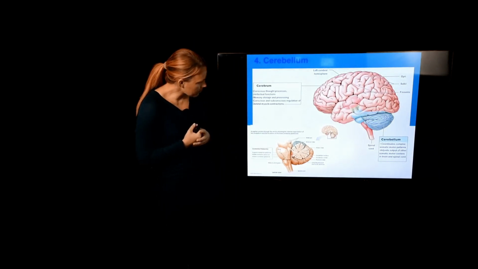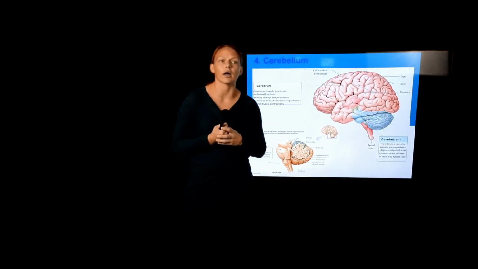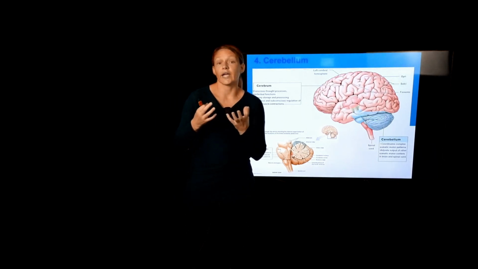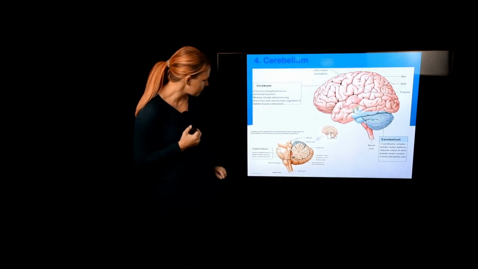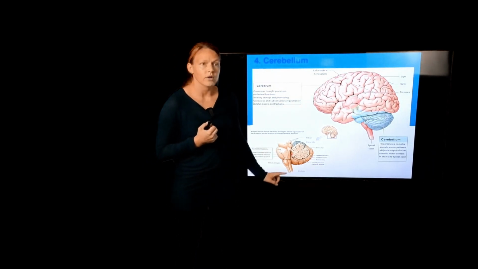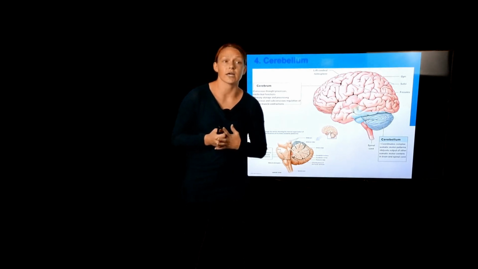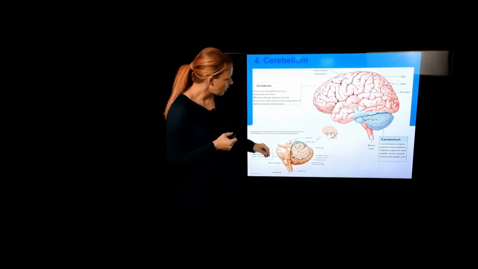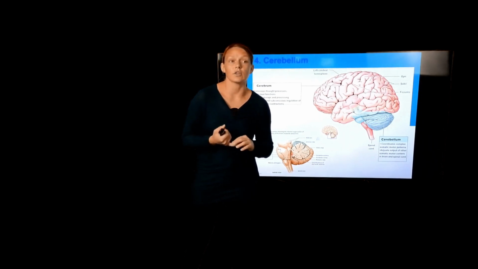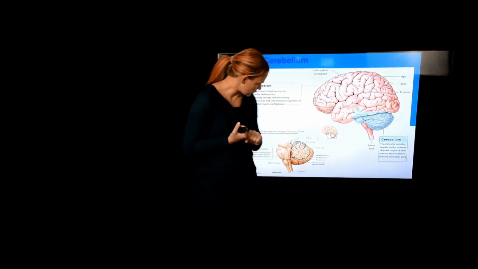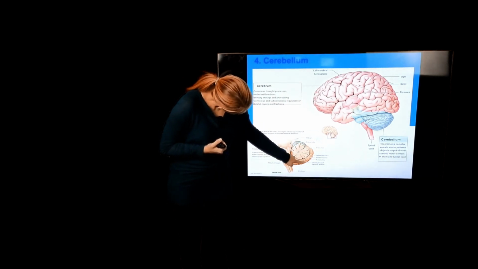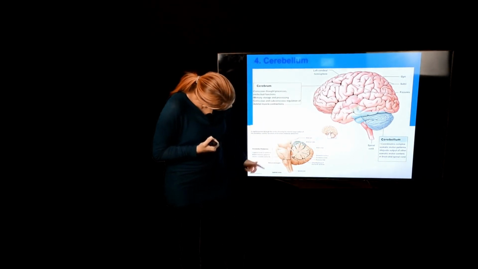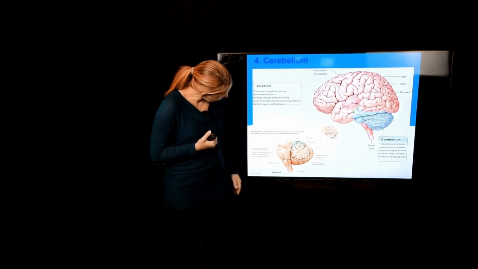It has some folia, which are transversely oriented gyri, and each hemisphere is going to have 3 lobes on it. The 3 different lobes of the cerebellum are the anterior, posterior, and the flocculonodular. You can see the anterior lobe right here. This is that posterior lobe, and then you can't really see that 3rd lobe, but there are 3 lobes for that cerebellum.